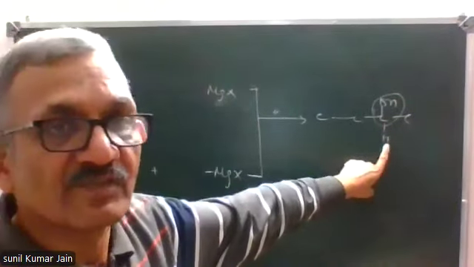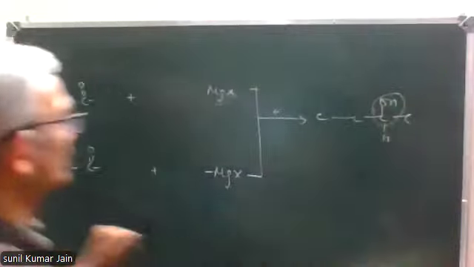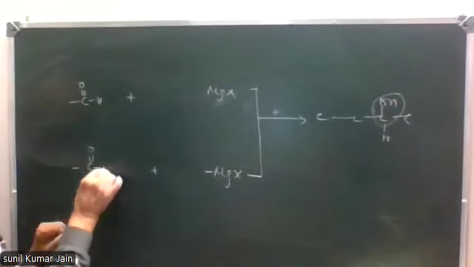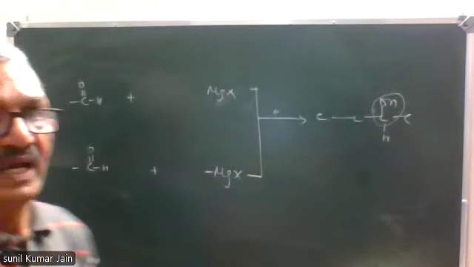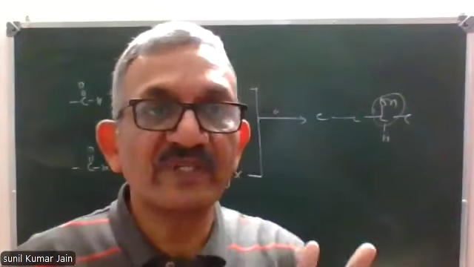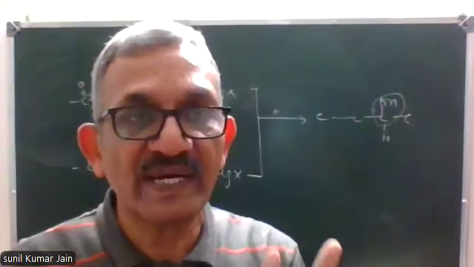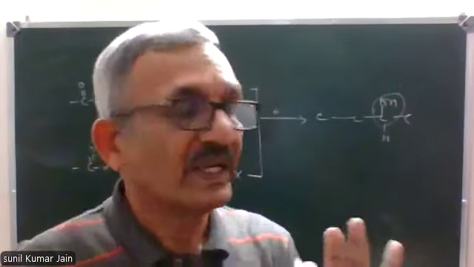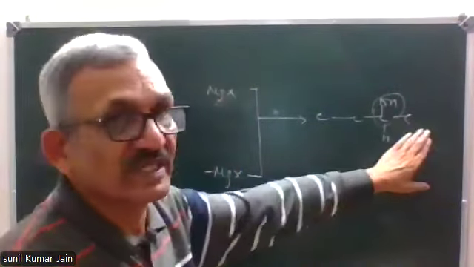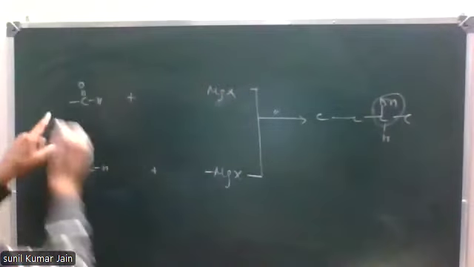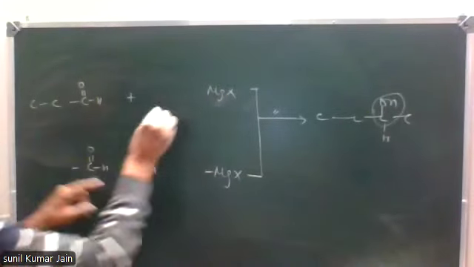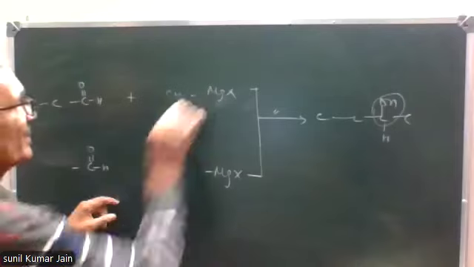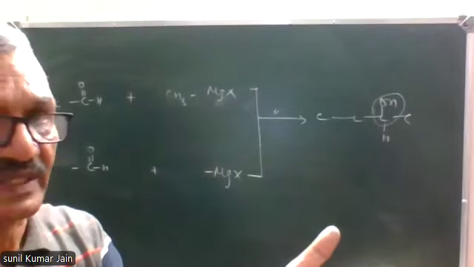H comes from the carbonyl compound. Now we are left with two alkyl chains, and the two alkyl chains are different this time. One is ethyl, the other is methyl. If ethyl comes from here, then methyl will come from here, or vice versa.